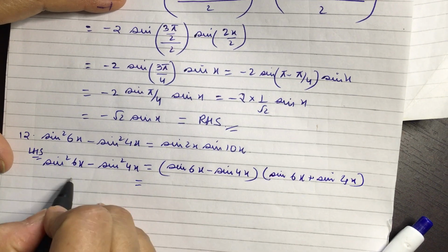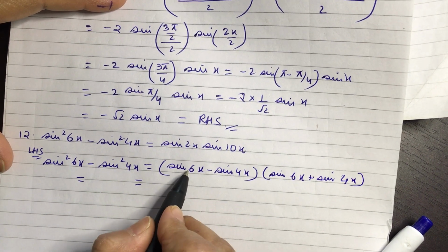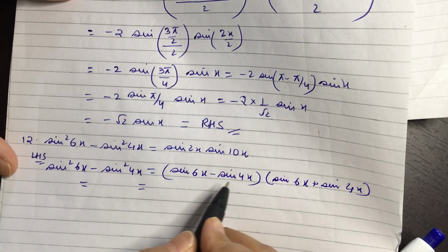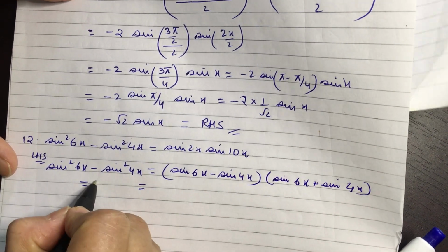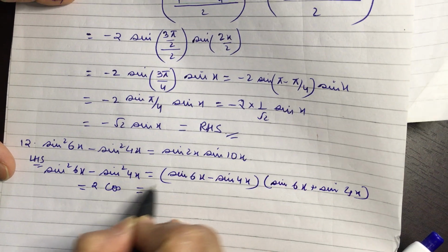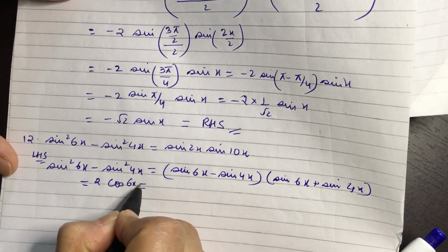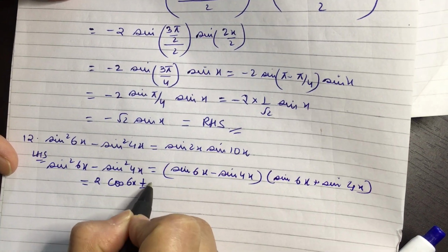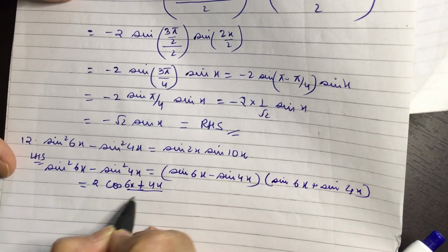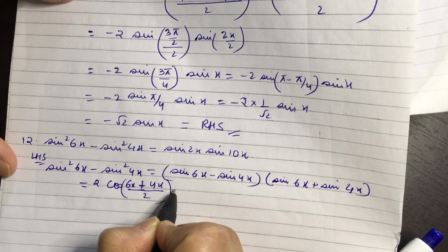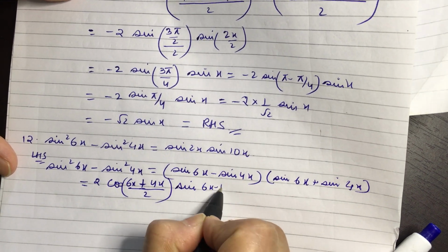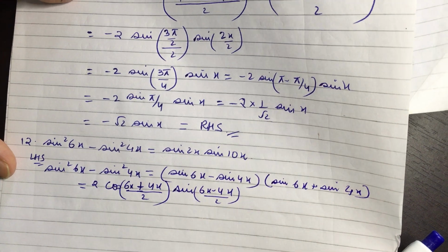Now apply the results. So what do we get? Sine x minus sine y is 2 first is cos of a plus b, that is 6x plus 4x upon 2 into sine of the difference of the two angles, that is 6x minus 4x upon 2.